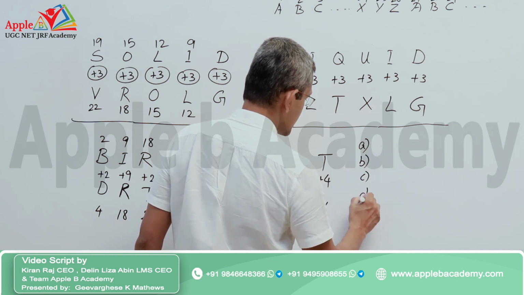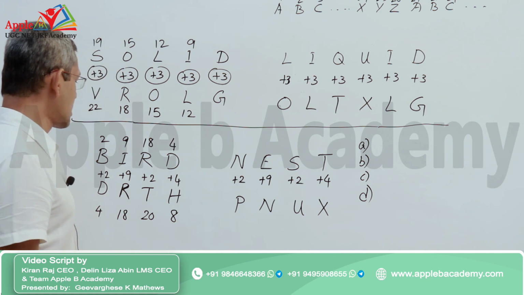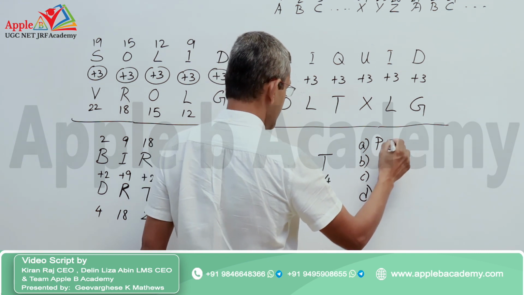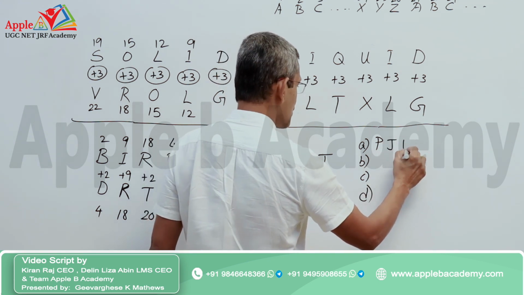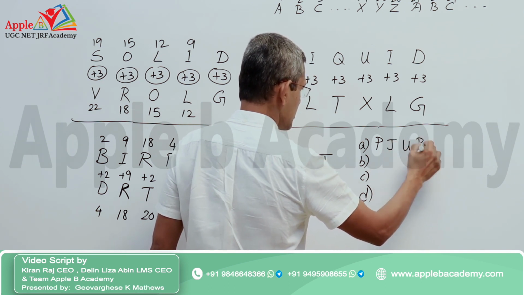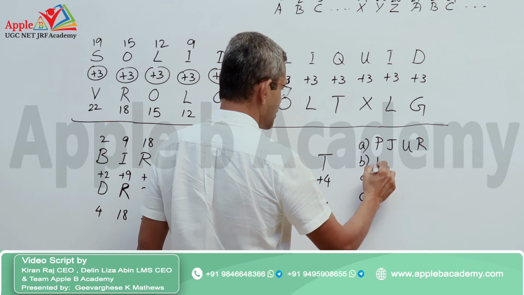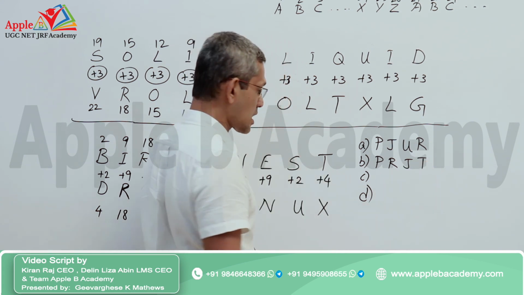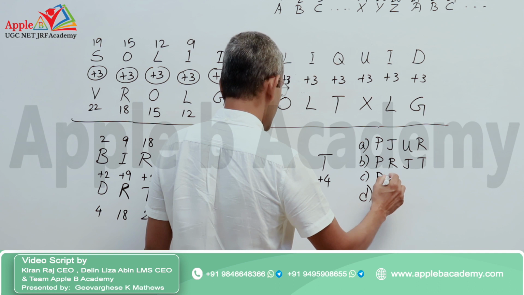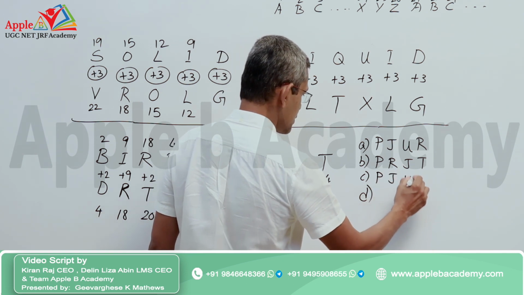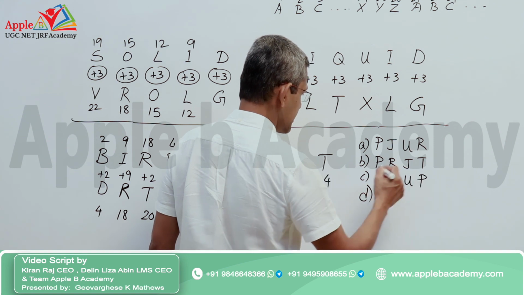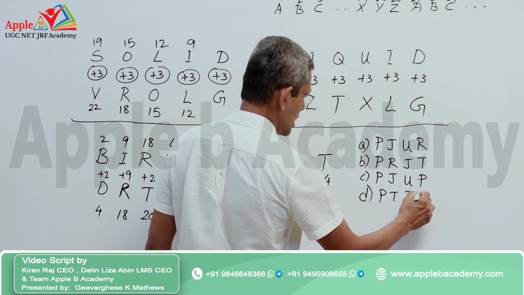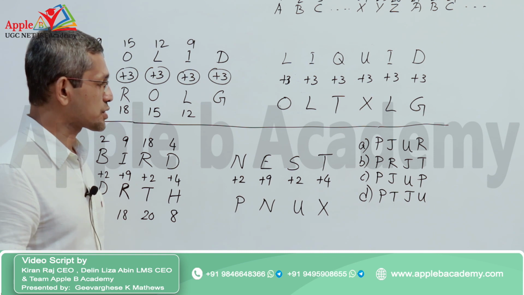We have A, B, C, D. Answer choices given are, so let's say P, J, U and R. And another answer choice P, R, J, T. Another answer choice we have P, J, U, P. Another answer choice what we have is P, T, J and U. So these are the answer choices given.